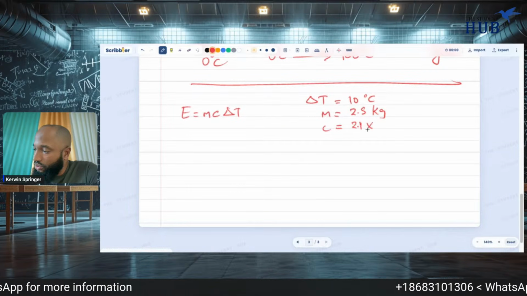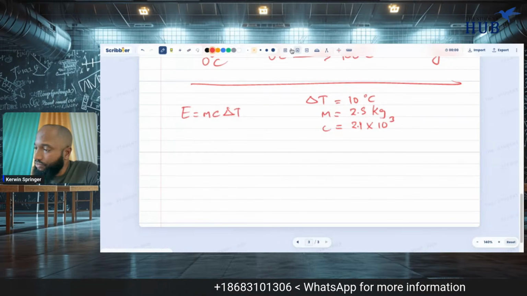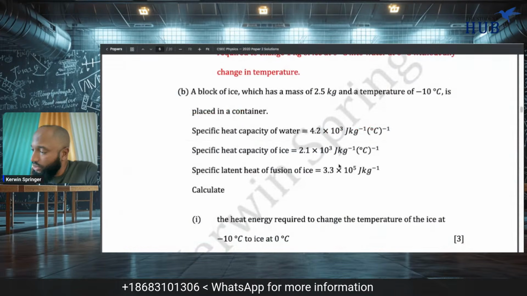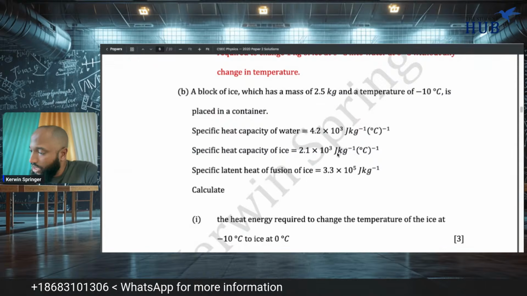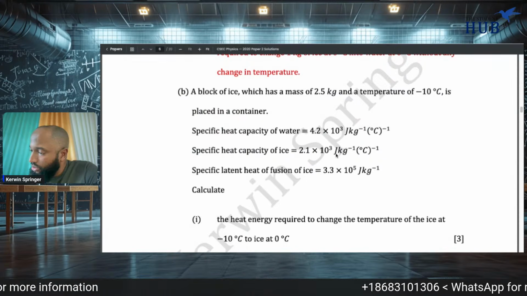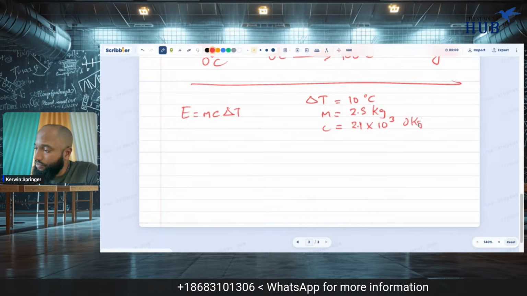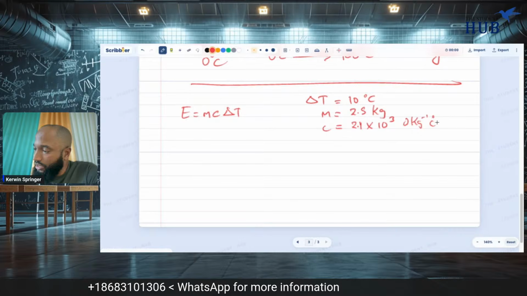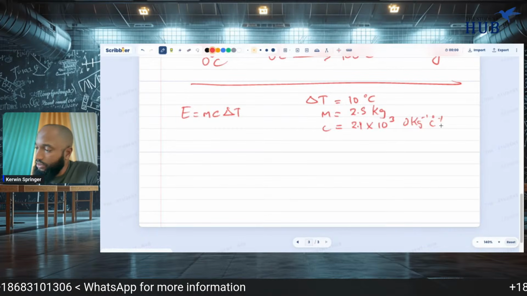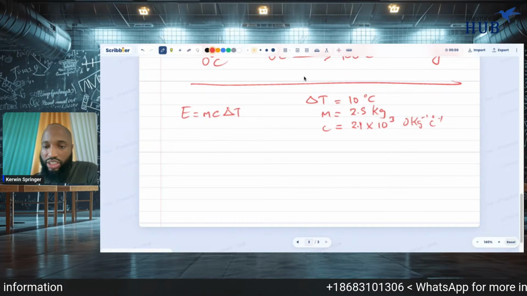So this was a little different. 2.1 times 10 to the power of 3 joules per kilogram per degree Celsius. And what do we want? The energy. So it's just a straight multiplication.